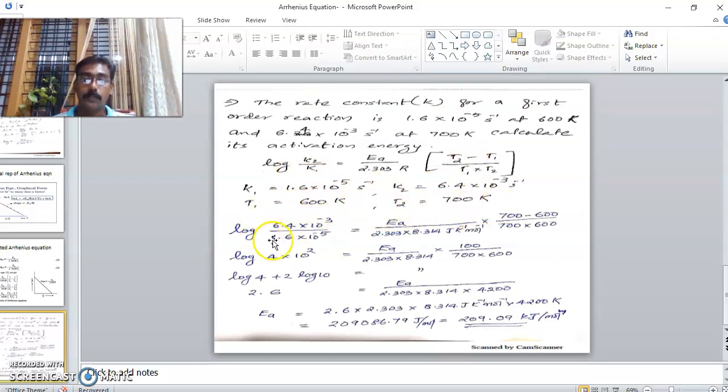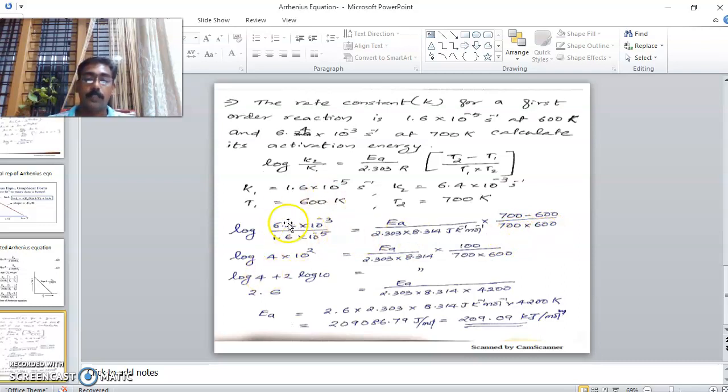We'll substitute all these values in the above expression, so it takes the form: log of 6.4 into 10 raised to minus 3 divided by 1.6 into 10 raised to minus 5 is equal to Ea divided by 2.303 into the value of R, which is 8.314 joule per Kelvin per mole, into T2 which is 700 minus T1 which is 600, divided by T2 into T1, that is 700 into 600.